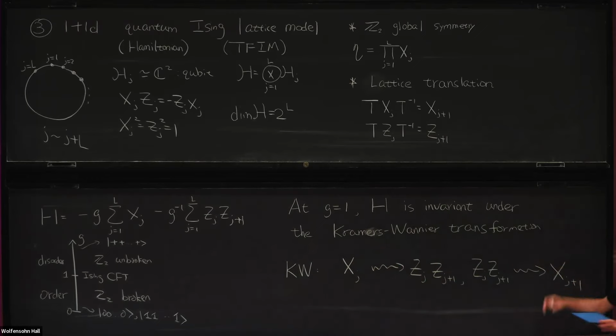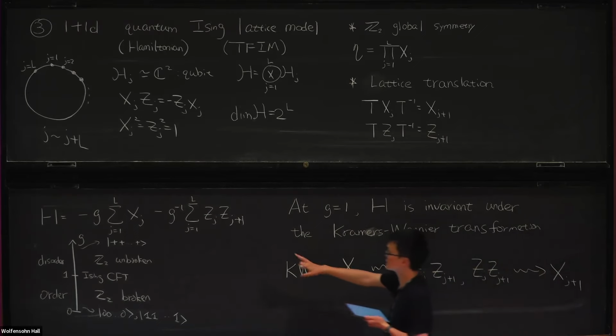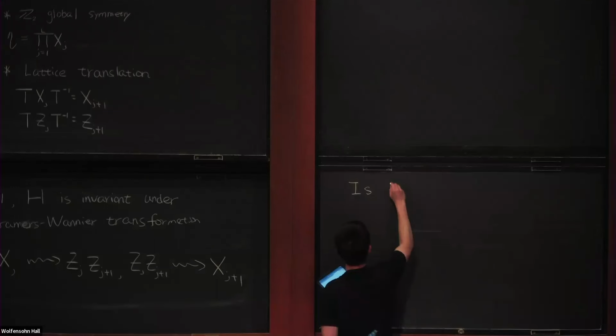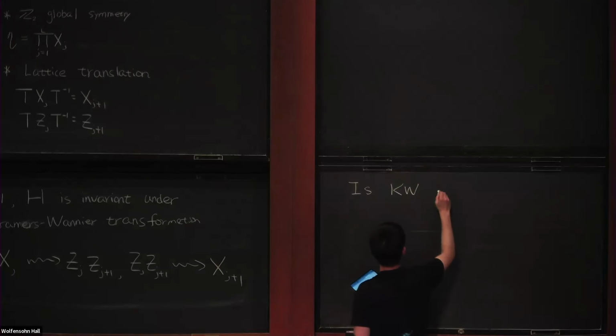And at g equals 1, you can see with naked eyes that is a symmetry of the Hamiltonian. You have a Hamiltonian made out of some operators. You dictate some transformations on the operators in your Hamiltonian, and if the transformation leaves the Hamiltonian invariant, that's probably a symmetry. But is it really though? The question is, is the Kramers-Wannier really a symmetry?